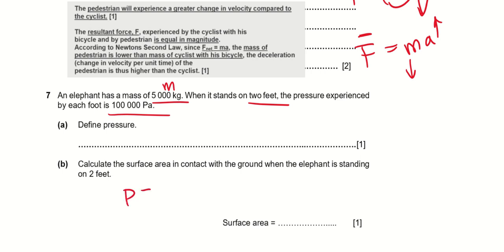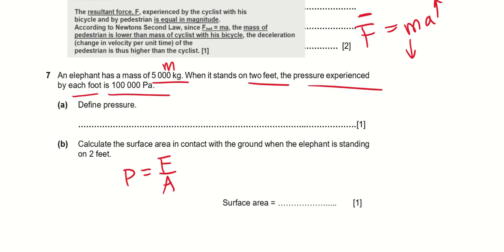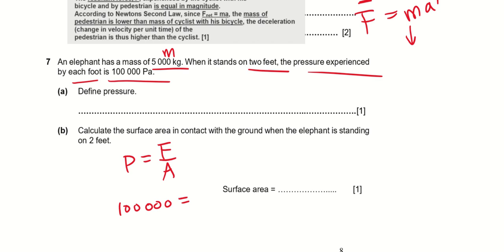Now, pressure equals force over area. We know that the pressure experienced by each foot is 100,000. So, instead of multiplying by 2, I just keep the pressure as it is. The force, take note, should be 5,000 times 10, because this is mass and I need to change it to weight.